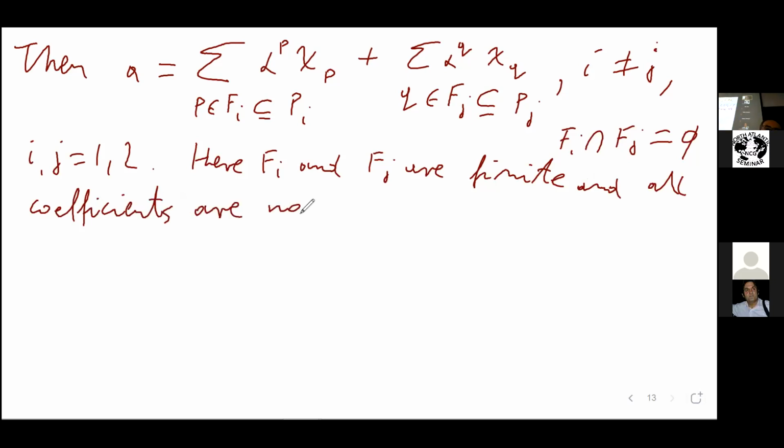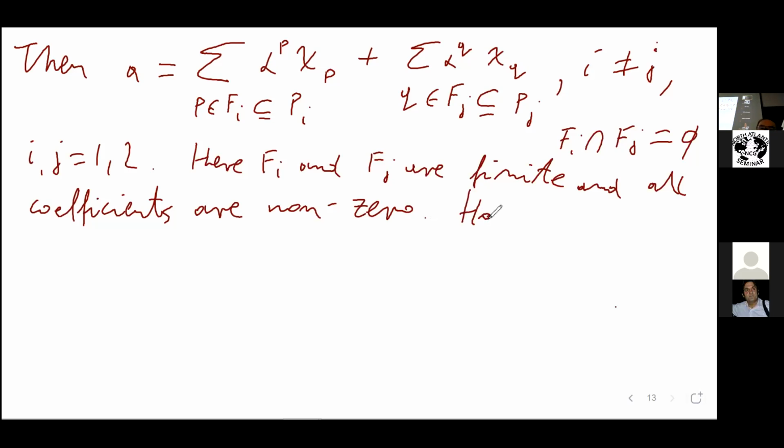Otherwise we just dump it. If I have some basis element such that the coefficient next to it is 0, I just remove it from my set over which I summed. And we know that A can always be decomposed into the sum of such two sums.